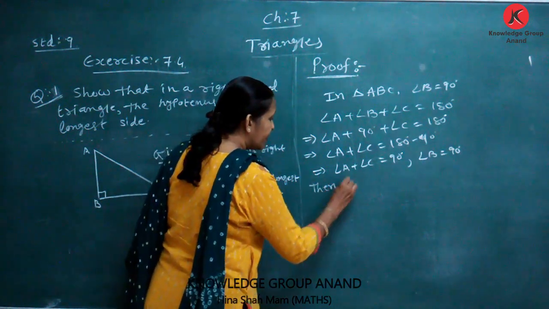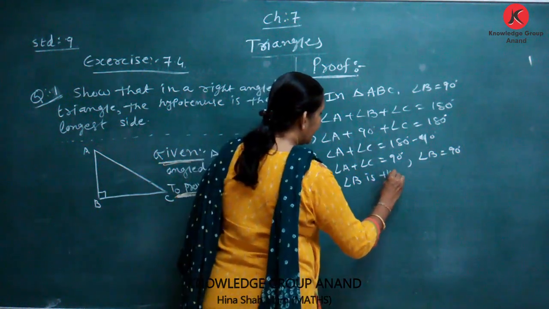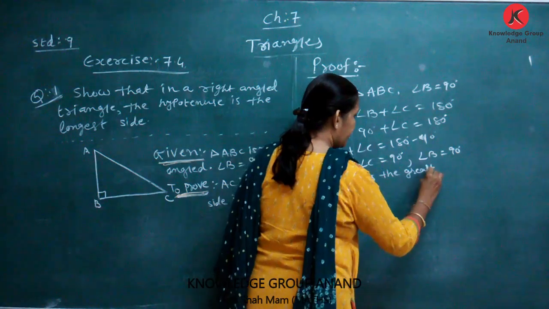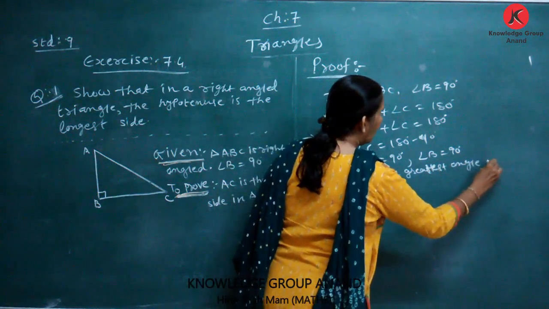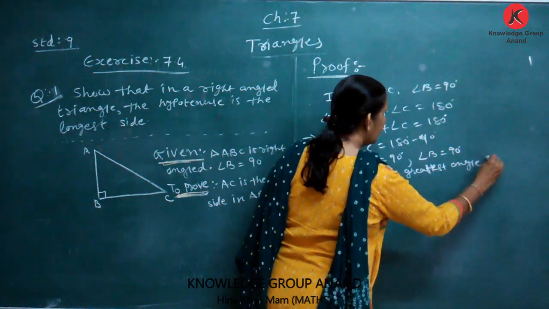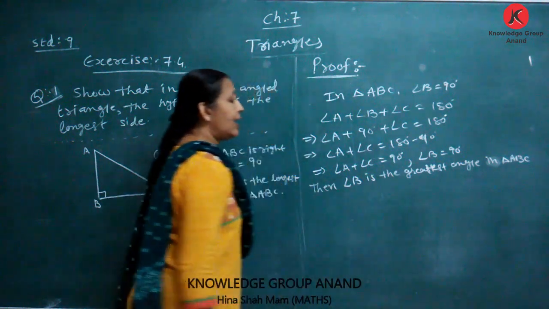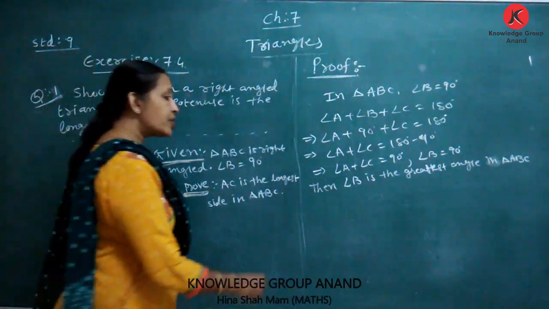Angle B is the greatest angle in triangle ABC.